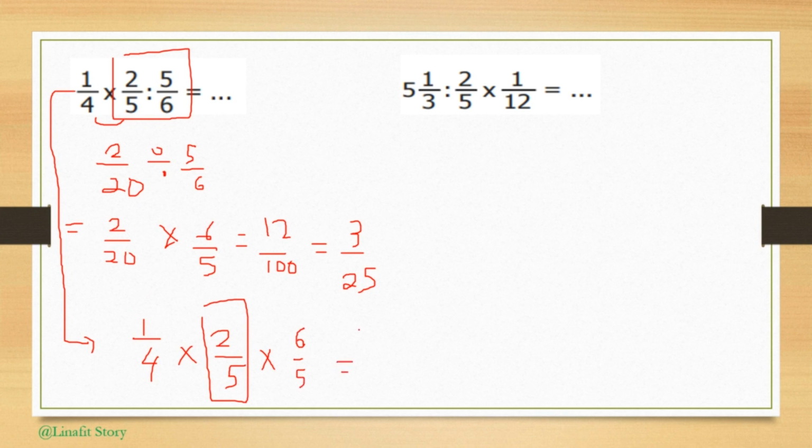Then you may use the cancellation method between 4 and 2. You divide it by 2. This is 1. This is 2. And then again, you may cancel between 2 and 6. So over here become 1. This is 3. So 1 times 3 equals to 3. 1 times 5 times 5 equals to 25.